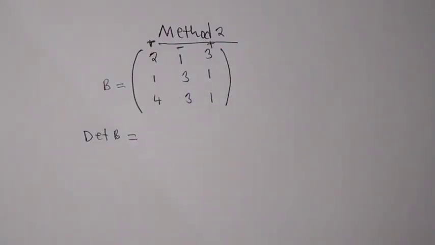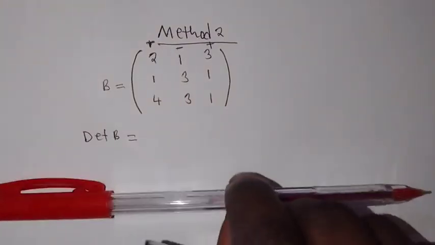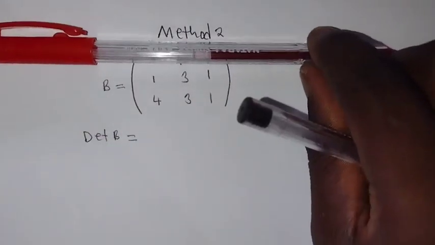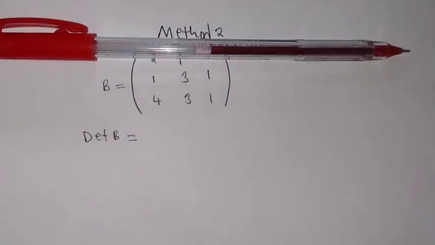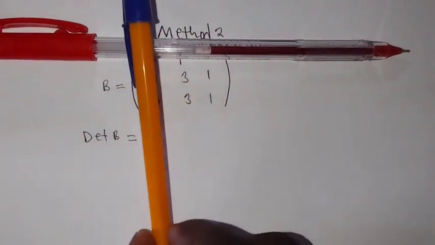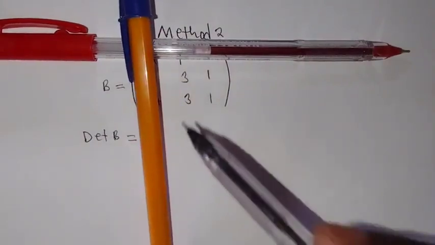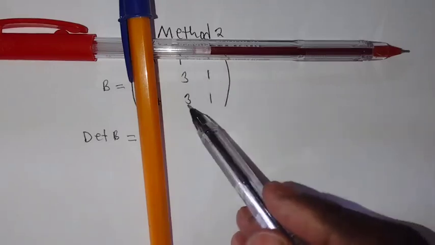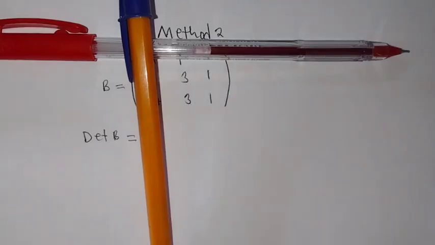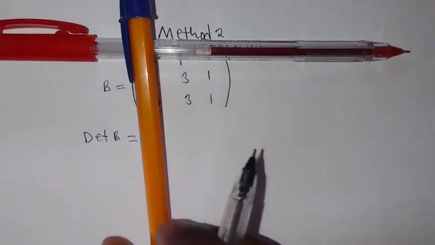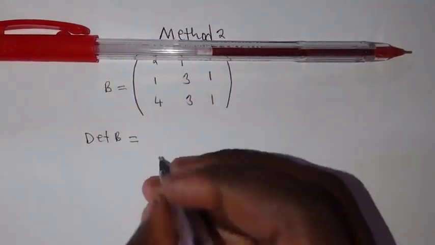So what you do is you start covering up. Okay, so you can cover up like this. If you start on 2, you cover the entire row and this other one. So you are remaining with 3, 1, 3, 3. That's what you are going to write here. Okay, so you get the same 2 now.